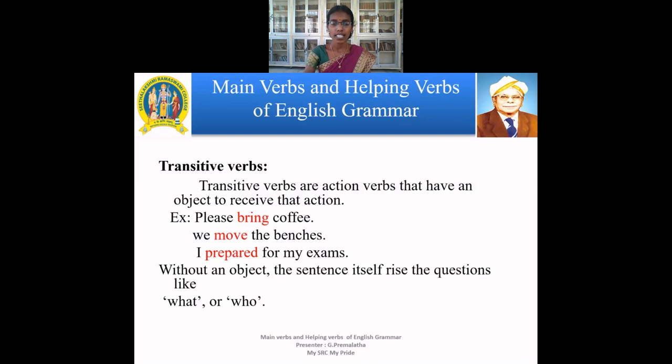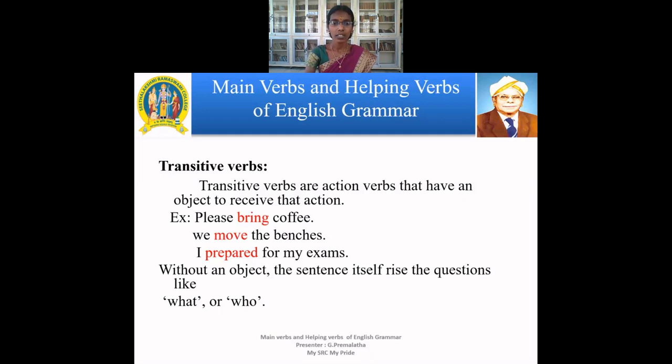In this sentence, if we remove the object coffee, it will not give a complete meaning. Please bring. Automatically there will be a question: what we have to bring. So this type of verb must have an object to give a complete meaning.